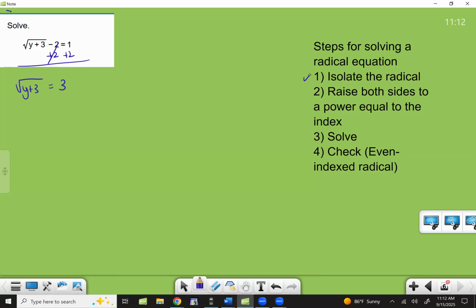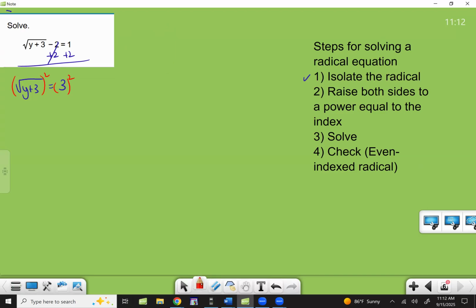Step 2, raise both sides to a power equal to the index. Well, this is a square root, so we're going to raise both sides to the power of 2. We're going to square. If it was cube rooting, that's my index, then I would raise both sides to the power of 3, right? So whatever the index is, that's what you're going to raise both sides to.